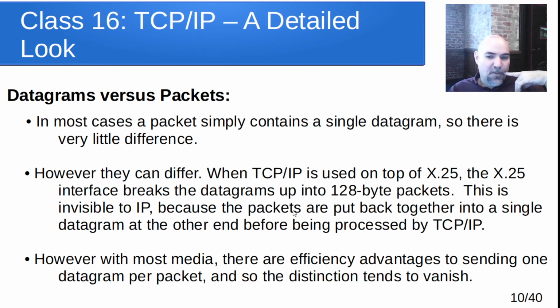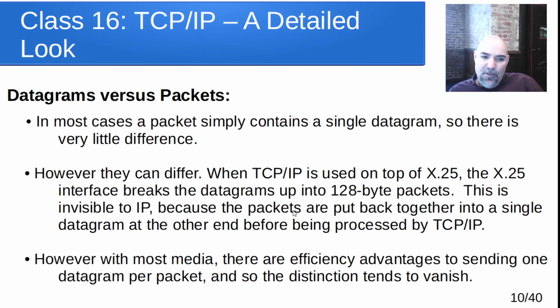And you also see that with certain proprietary wireless systems where the maximum wireless packet size is 128 bytes or 64 bytes or even 32 bytes. Well, how do you send a datagram that's hundreds of bytes or 1,000 bytes across something that can only handle things that are 128 or 64 or 32? Well, you have to divide it up.